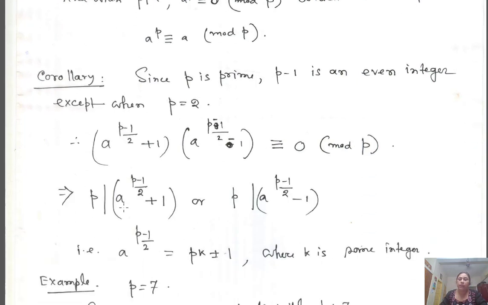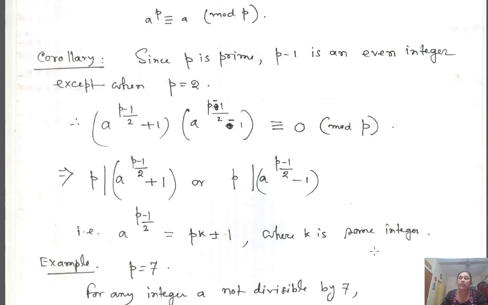So this means this product is 0 modulo p, meaning p divides either this one or this one. So a to the power (p minus 1) by 2 becomes some constant multiple of p plus 1, or some constant multiple of p minus 1, where k is some integer.